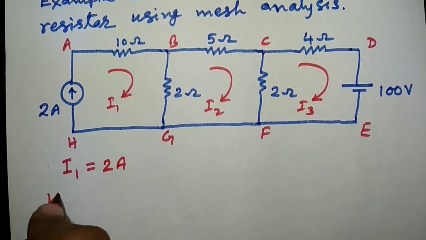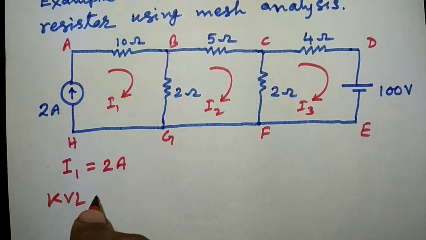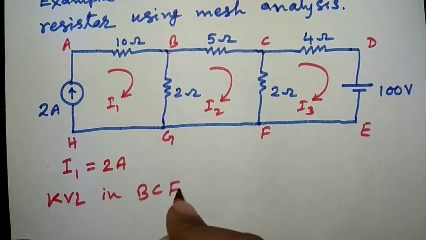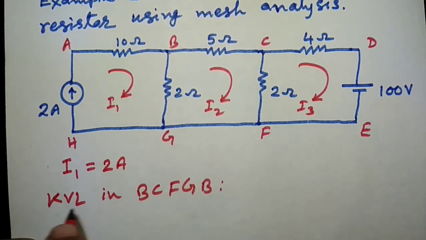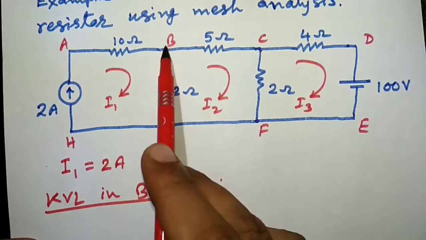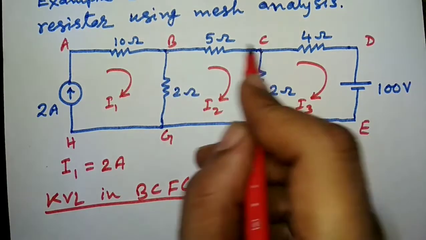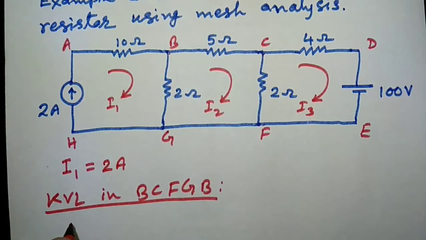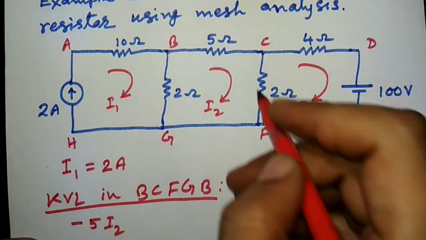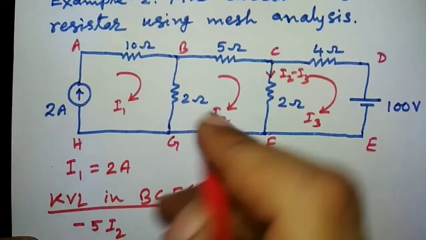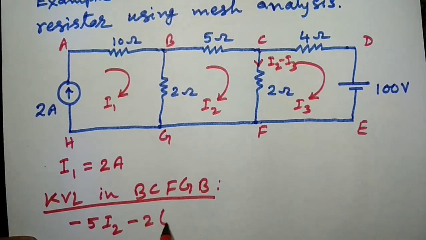Now apply KVL in the mesh B, C, F, G, B. Starting from B, it will be minus 5I2. From C to F, the current here will be I2 minus I3, so minus 2(I2 minus I3).